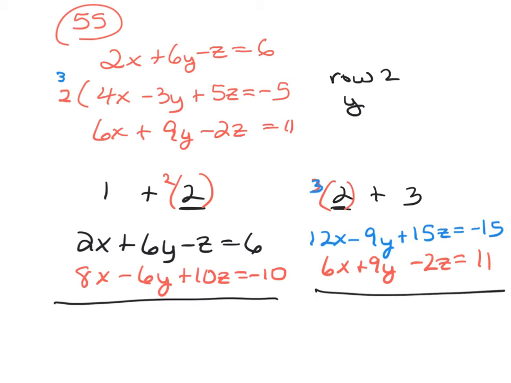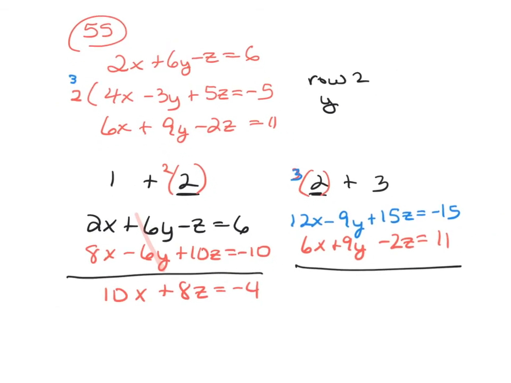So let's see. This one I'll write the answer in red. So 10x, this is gone, plus 8z equals negative 4. And this one, 18x, this is gone, plus 13z equals negative 4.